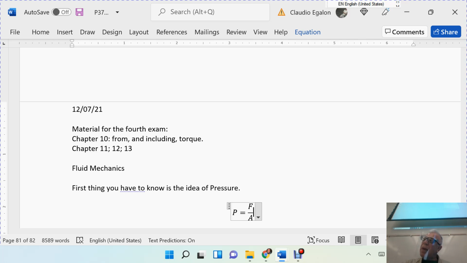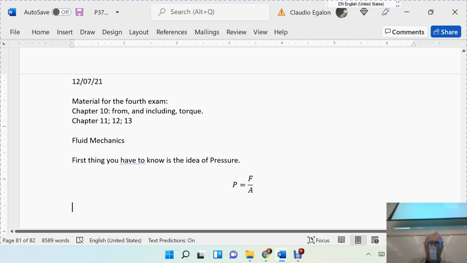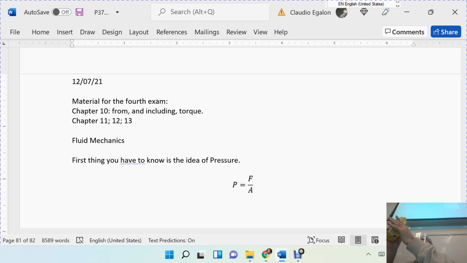Now I calculate the pressure here, then you calculate the pressure for this case. In which case is the pressure going to be more, in this case or in this case? Think about that. What's happening to the area? One side is thicker, one side is thinner.